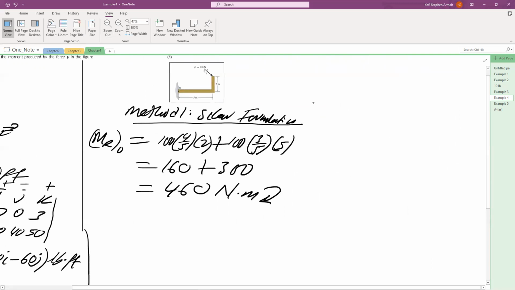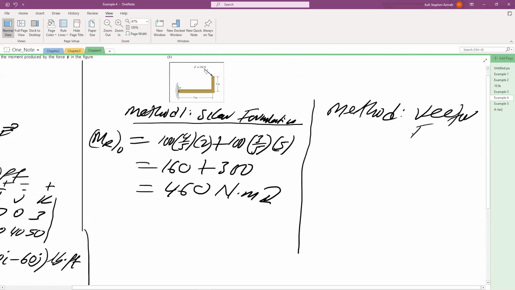So let me write on the side, method 2, using vector formulation. With vector formulation, you write the force as a vector.